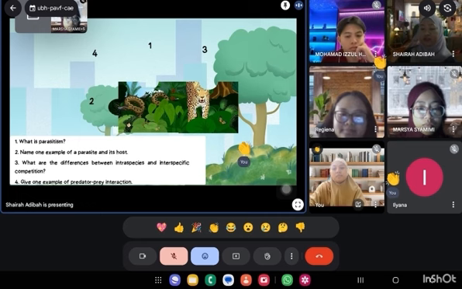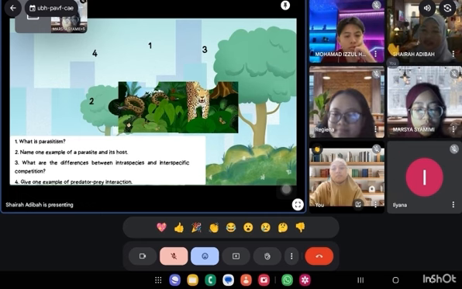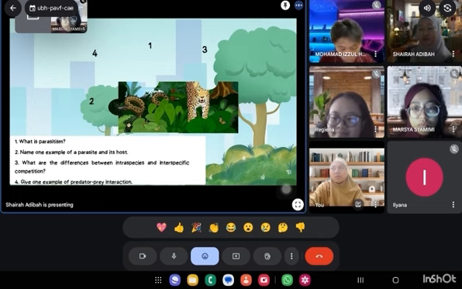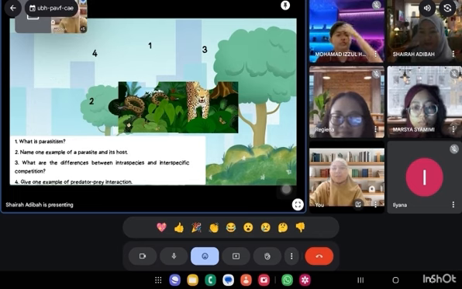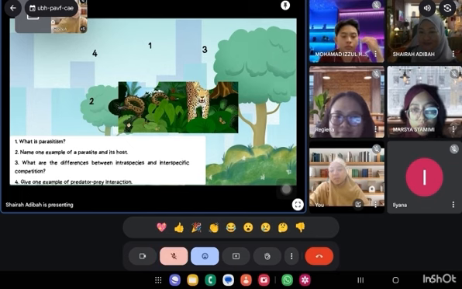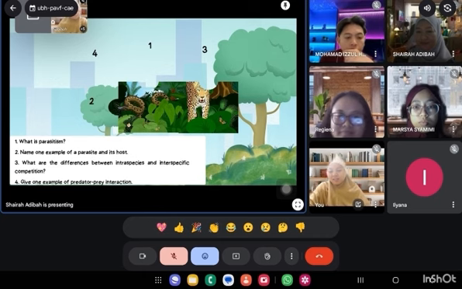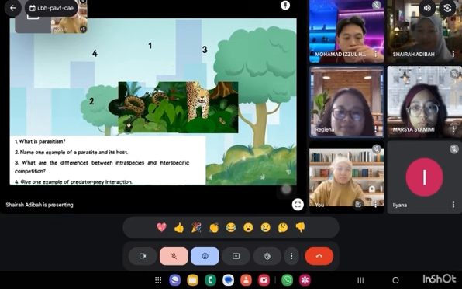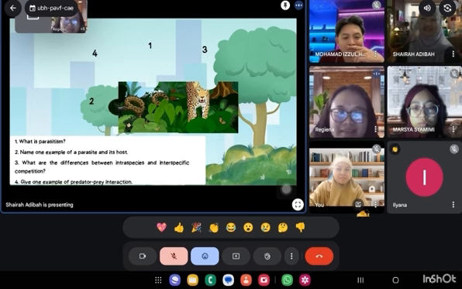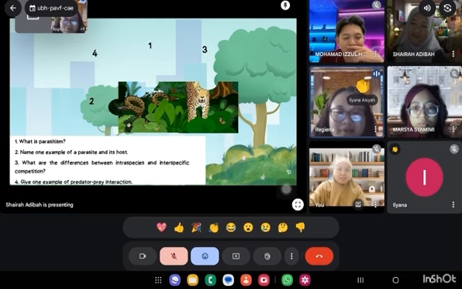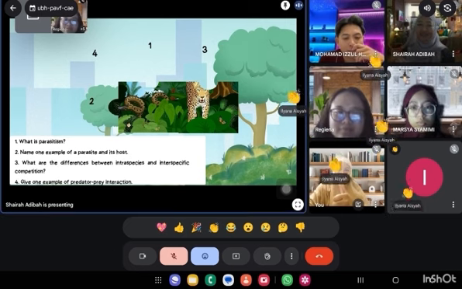So Nabiha Faizul, can you give another example for parasite and host? Teacher, can I answer? Okay, yes, please, Regina. Lice is the parasite and the head is the host. Okay, good, correct. That one is also correct.